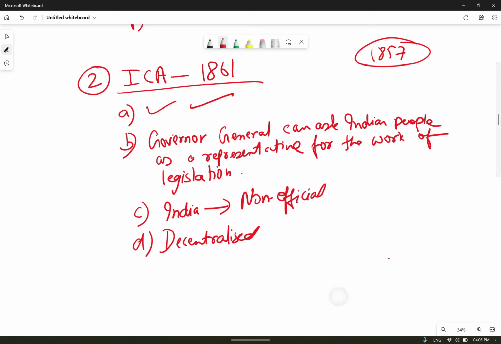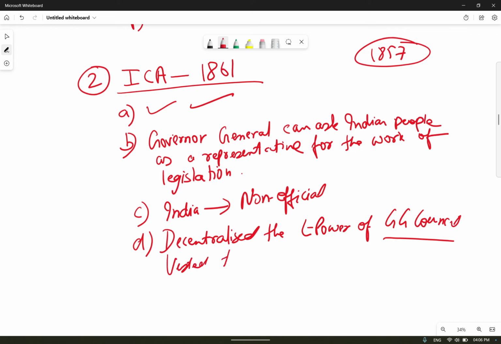It decentralized the legislative power of the Governor General's Council and vested it in the governments of Bombay and Madras. They can exercise it with the help of Indian people as well.